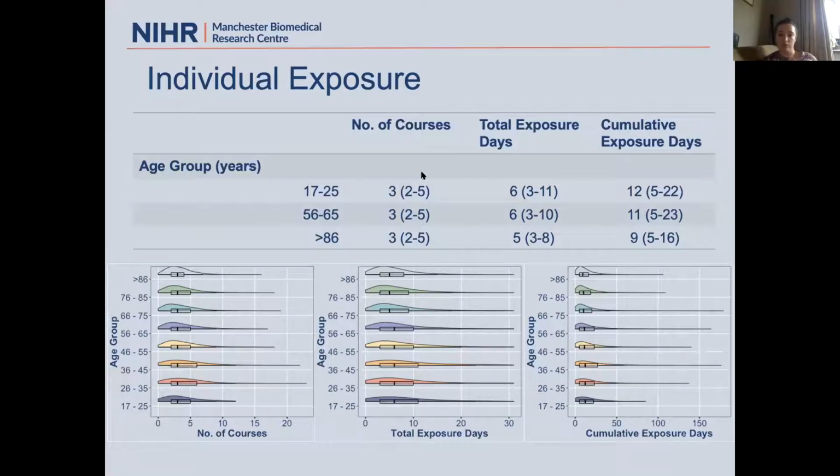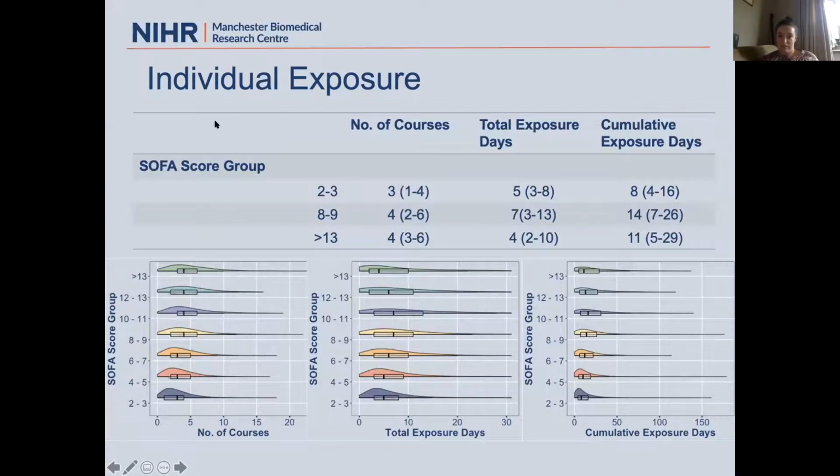You can see that the number of courses doesn't change in the older patients, but looking at the exposure days, they are exposed on a fewer number of days, which might be because they're older, they're at a higher risk of death anyway, so they're less likely to be exposed to antibiotics because they're at greater risk of dying, which I'll come back to.